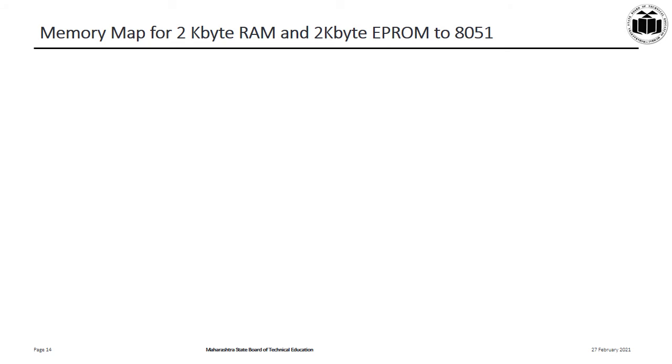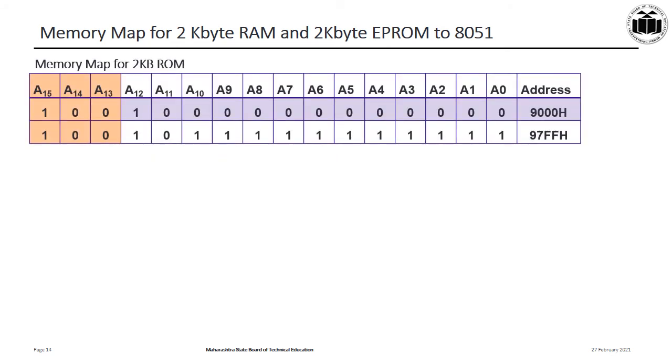Let us draw the memory map for the same. First, memory map for 2K ROM. The orange shaded region is for select lines, as Y4 bar is connected to CS bar of ROM. We have A15, A14, A13 as 1, 0, 0.